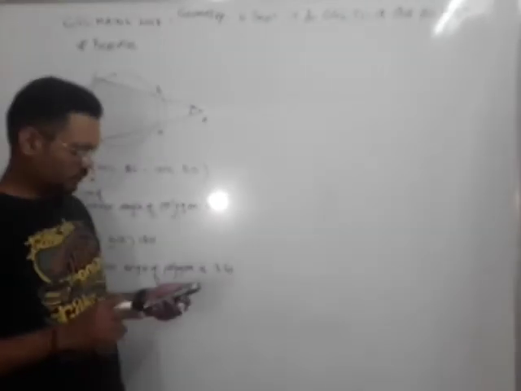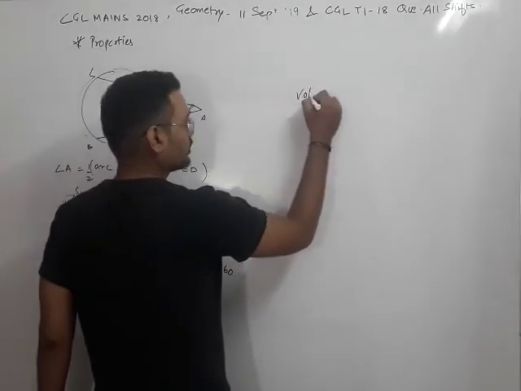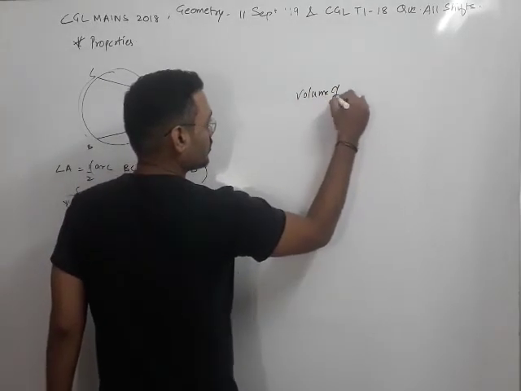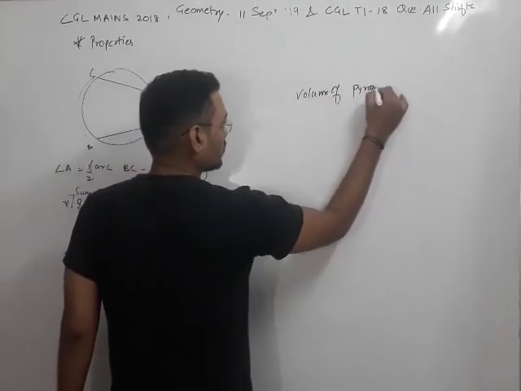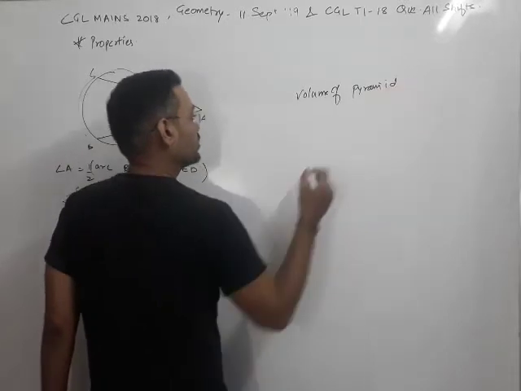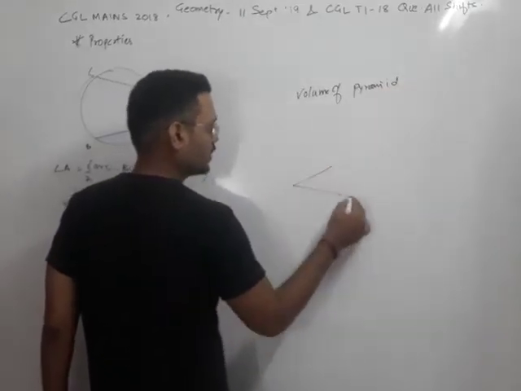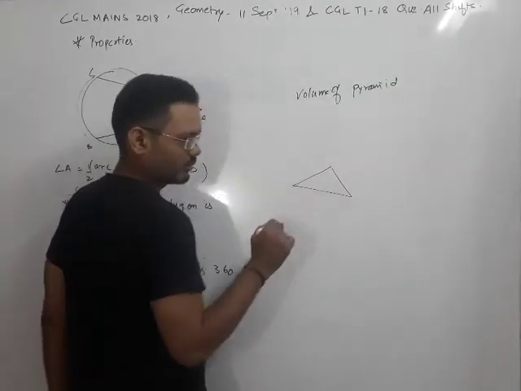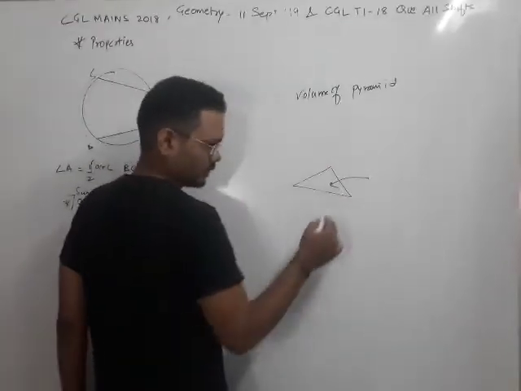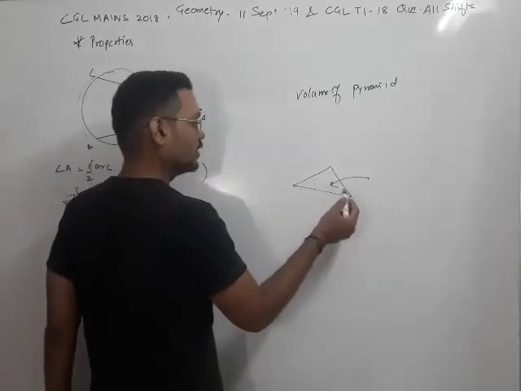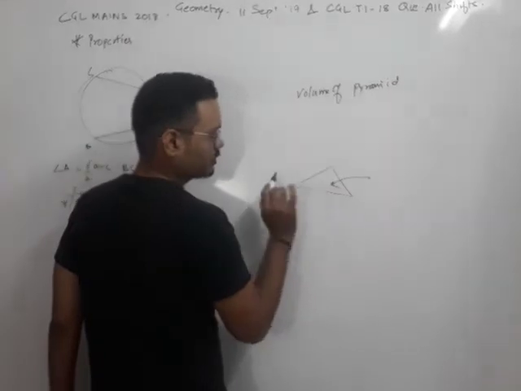We'll see a few sums, and then let's say the volume of a pyramid. The question would say the base of a pyramid can be a triangle. This is a 3D picture.